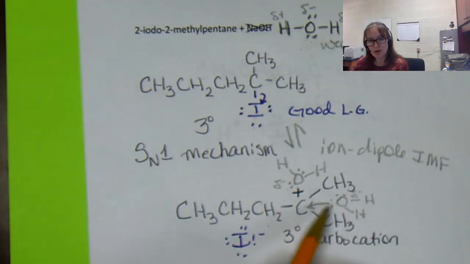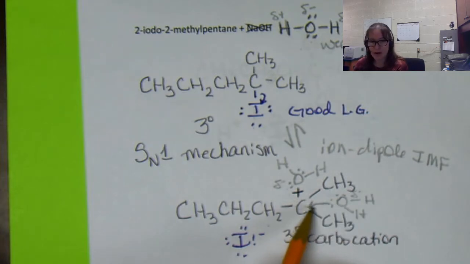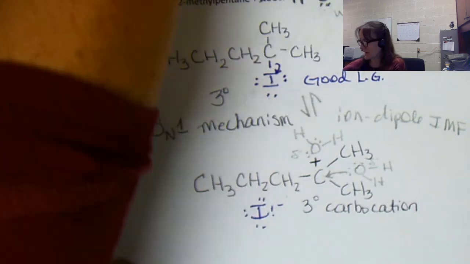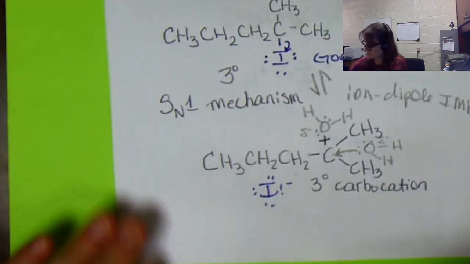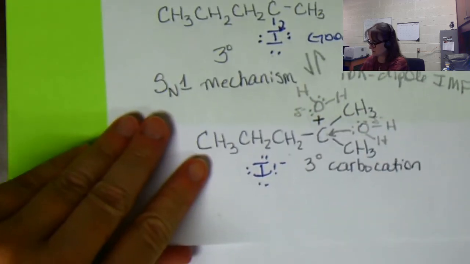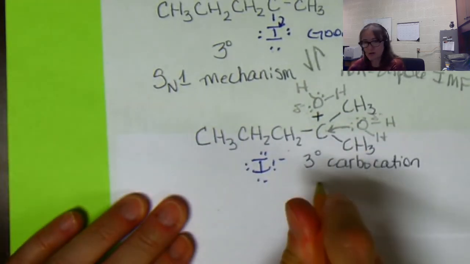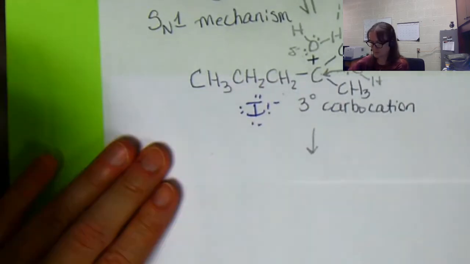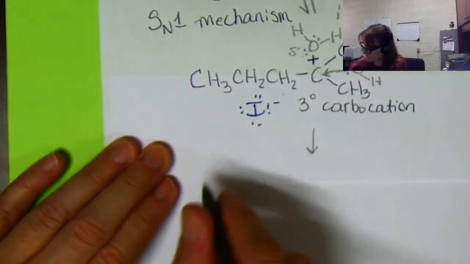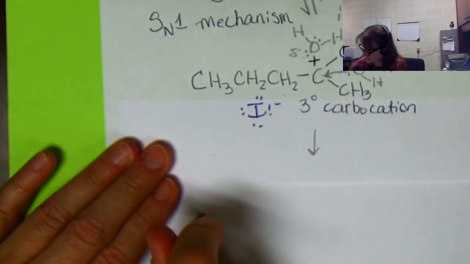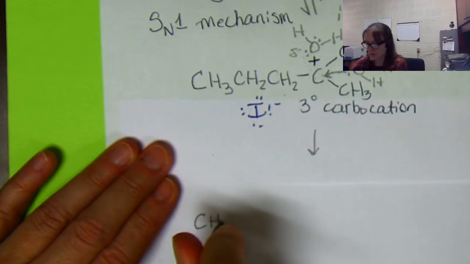And so if some of these water molecules actually form a bond, then we get the next step in the reaction. So I'm going to draw it going down my paper. And so the carbon, all the carbon atoms are still the same.